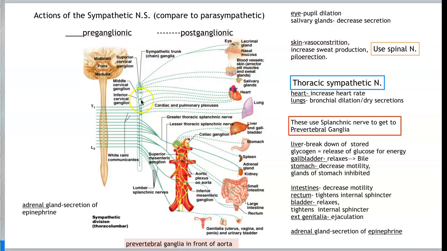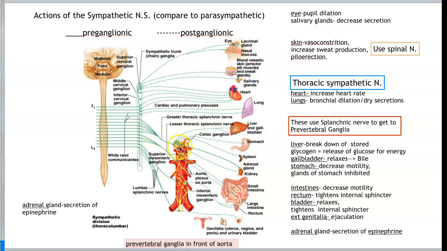If you're going to the heart and lungs, you are going to synapse in the sympathetic chain somewhere, and you're going to leave through a thoracic sympathetic nerve to get to the heart or the lungs. If you're going to any abdominal organ, you're going to get on the sympathetic chain, T1 through L2, and then you're going to leave through a splanchnic nerve.